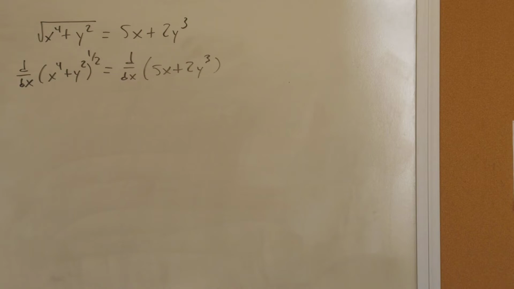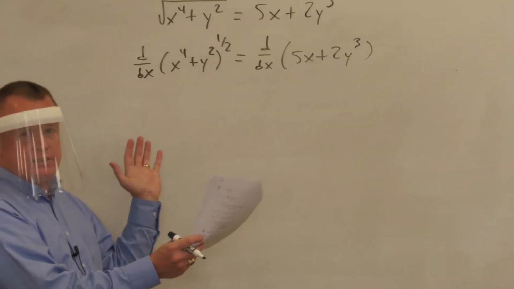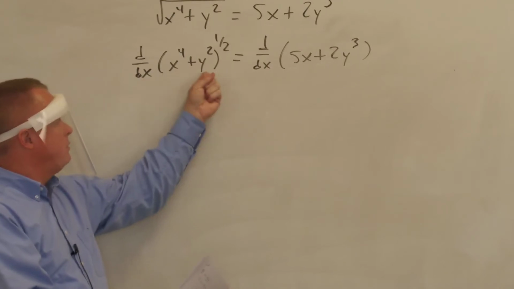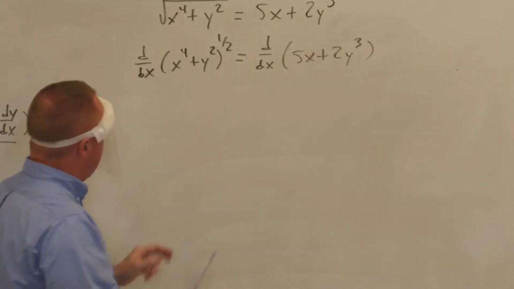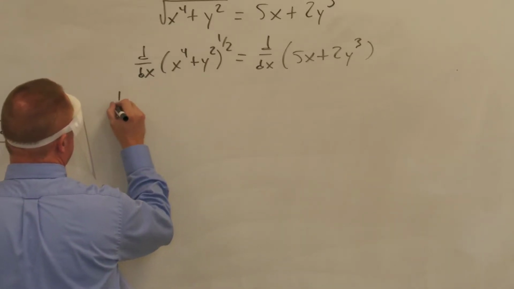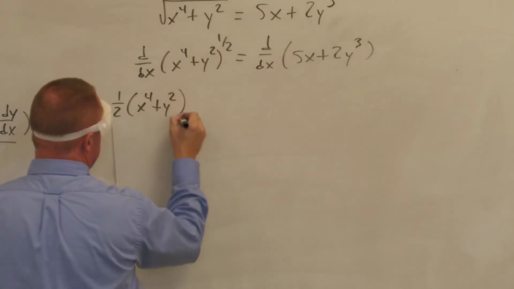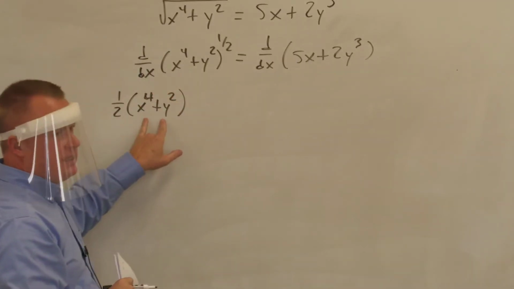All right, so on the left side, we've got a couple of things going on. The big function is that power of 1/2, so I need to take care of it, then multiply by the derivative of the inside, and I've got a couple of things to do in there. So first, this big power of 1/2, I'd have 1/2 times (x to the 4th plus y squared). And now multiply times the derivative of the inside.